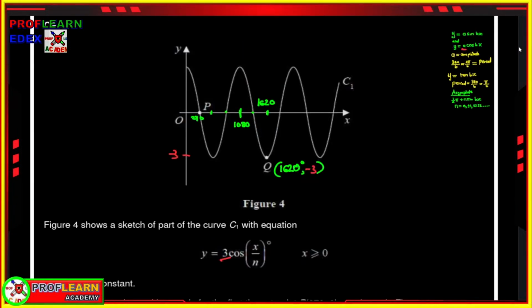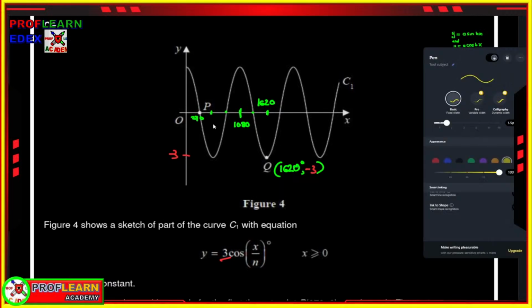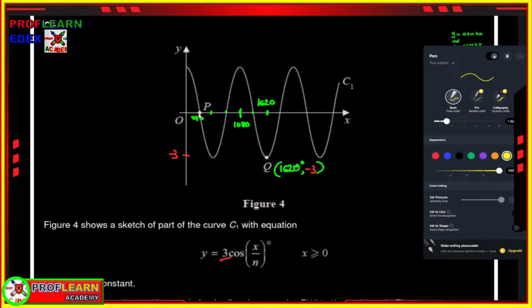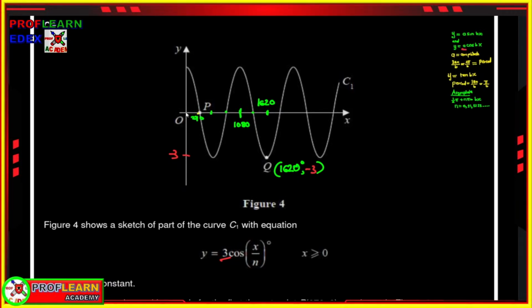Now, if you look at this part that we are having here, from this point from here to here is 270, 270, 270. This mark will be a full period, which is 1080, plus 270 plus 270 again.